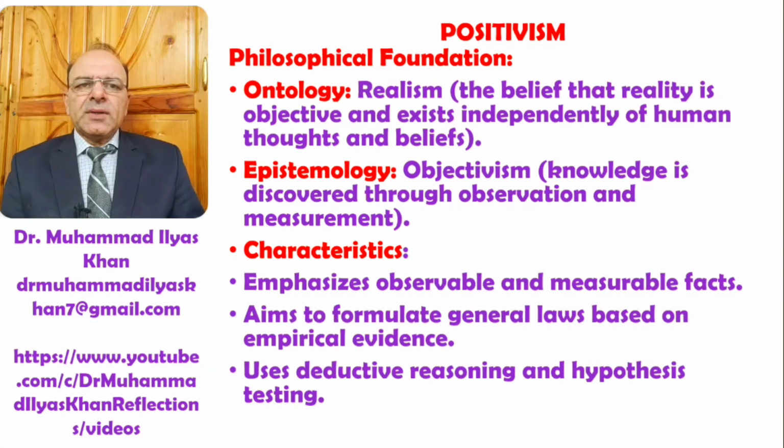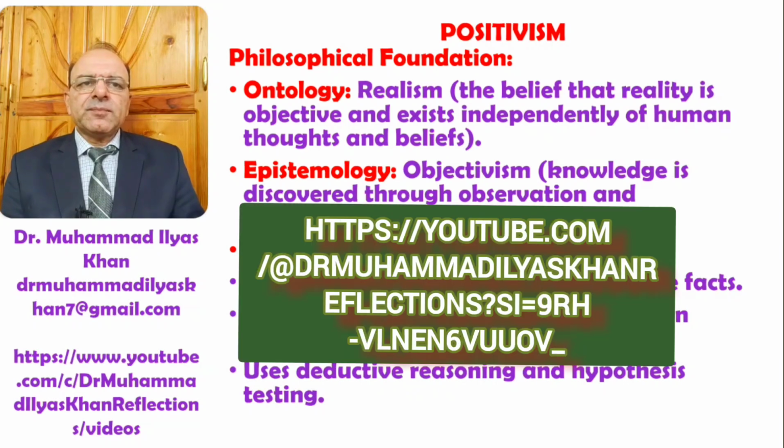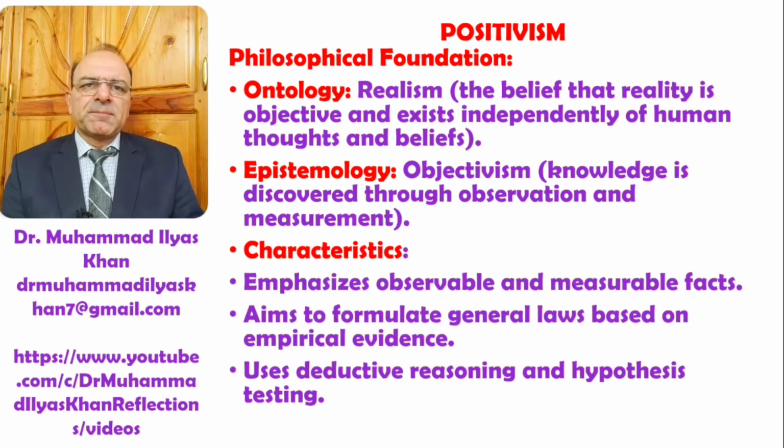Secondly, positivism is based on the belief that the aim of research is to formulate general laws based on empirical evidence, or evidence that comes through quantification, or through the scientific method. And thirdly, positivism makes use of deductive reasoning and hypothesis testing. In other words, theory is tested by collecting and analyzing empirical data.